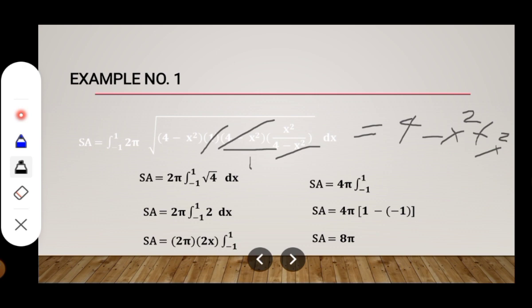So we substitute the upper limit and the lower limit, 1 minus negative 1, which will be 2. So 4 pi times 2 will be 8 pi. So the answer is 8 pi. That's all, hope you understand, and God bless.